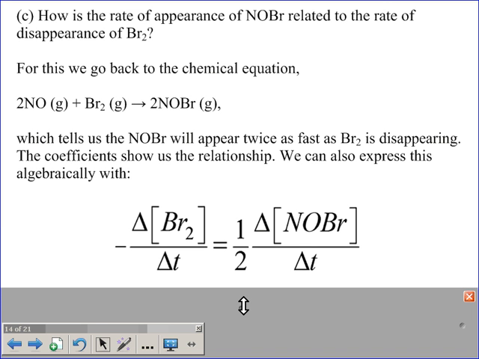And mathematically, I can express it using that relationship we saw, that the negative change in the concentration of Br2 over time equals 1/2 the change in the concentration of NOBr over time. This is negative because this is a reactant and it's disappearing. And this one is positive because it's a product and it is appearing.